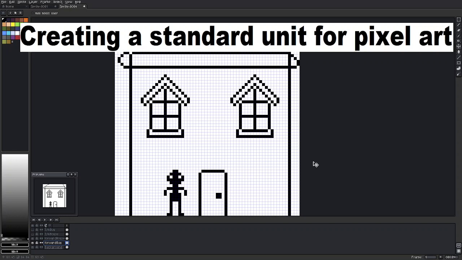So certain things are used for dramatic effect, but in general, it could be really helpful to keep in the back of your mind, whether that be your main player character or something, to have some type of standard unit for your pixel art. And you could do it based on percentiles.